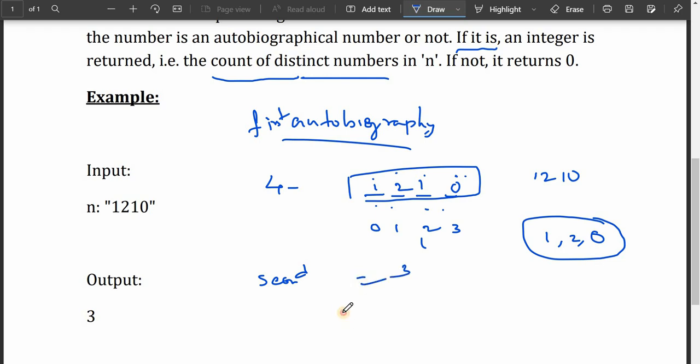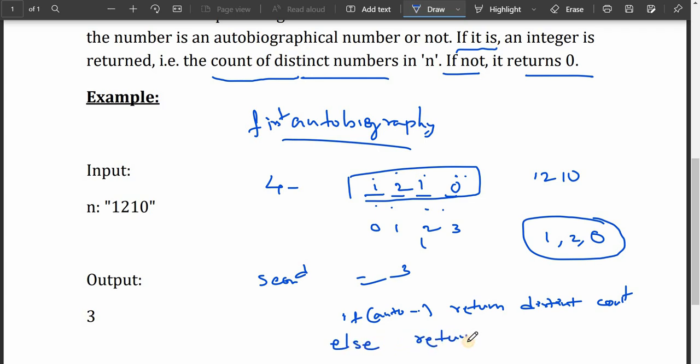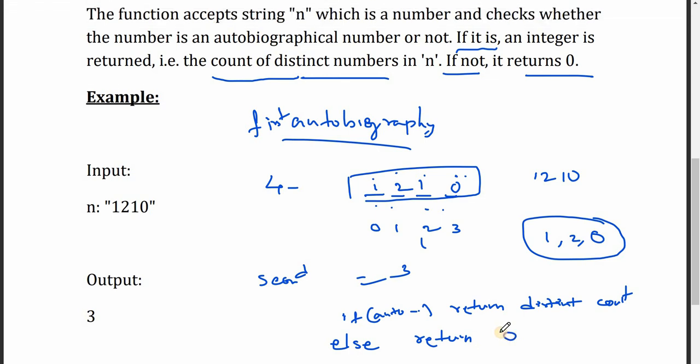So if it's an autobiographical number, then return the distinct count, and if not, then return 0. This is how we need to solve the complete problem.